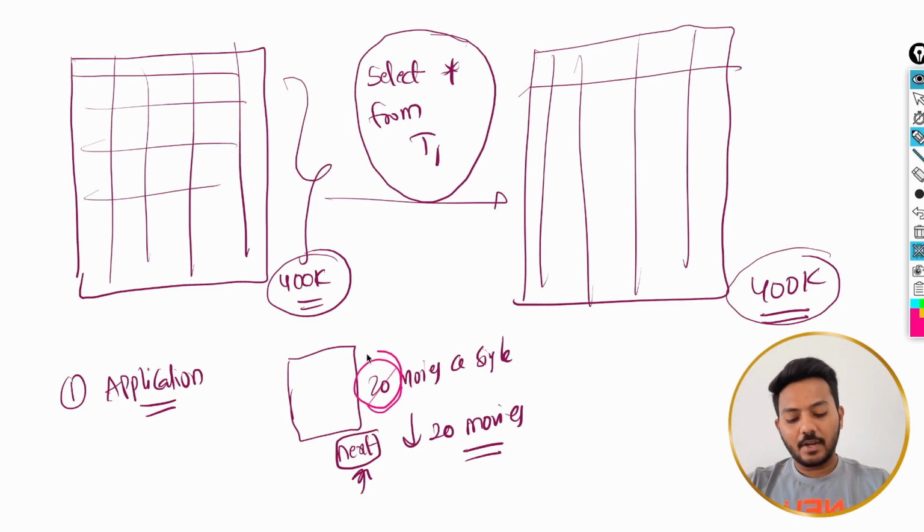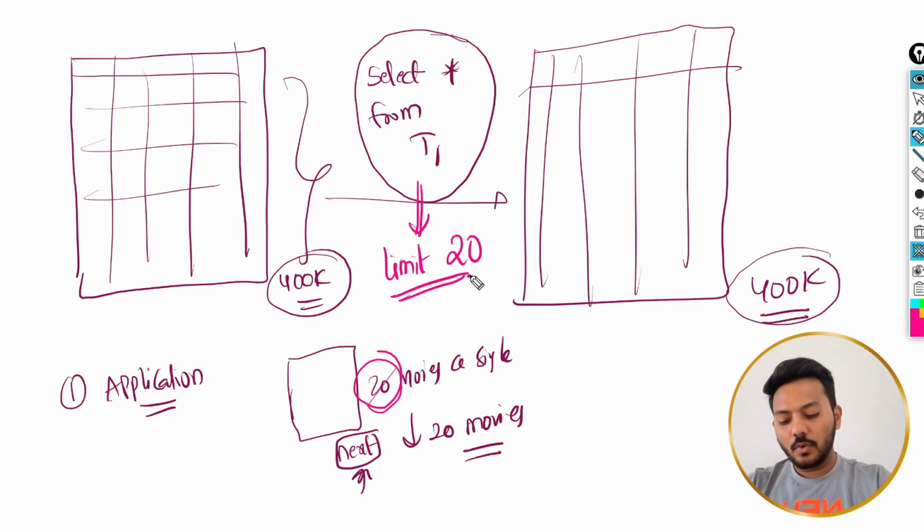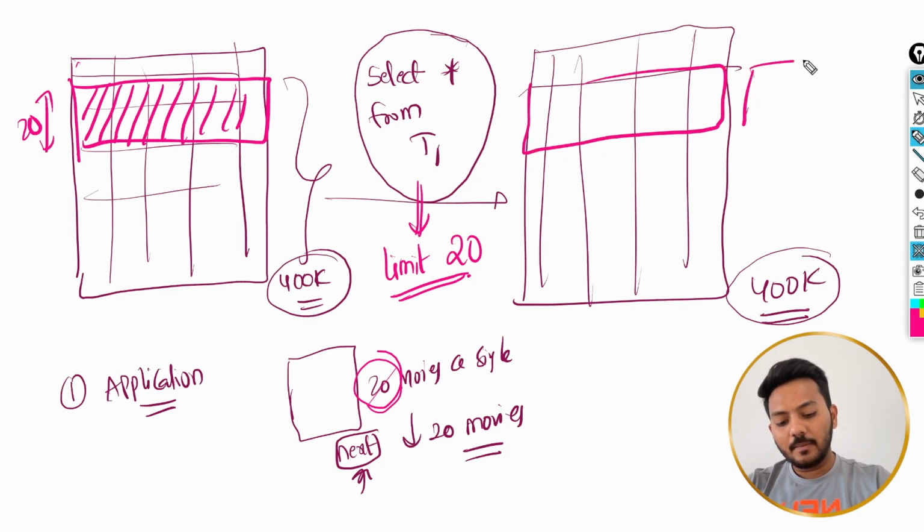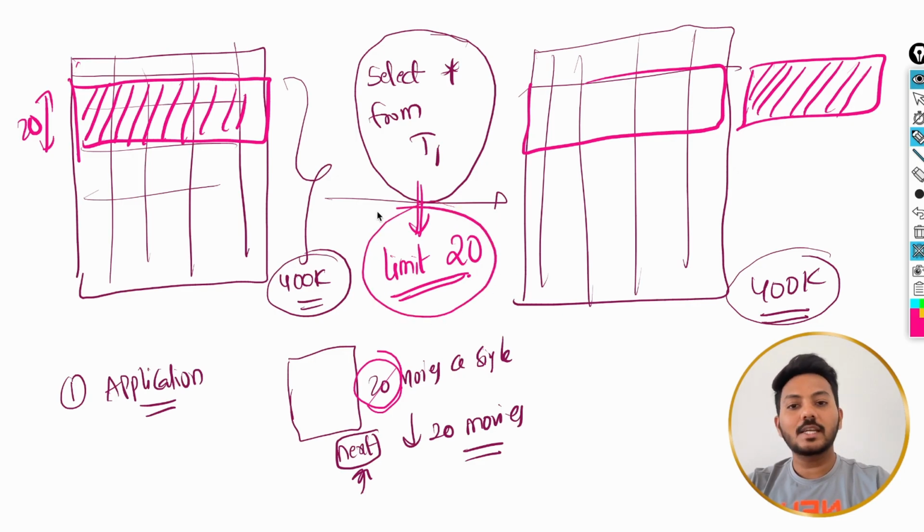In that scenario, what I would do is incorporate a keyword called limit, and I will say limit 20. It is going to give you the first 20 records as the output.